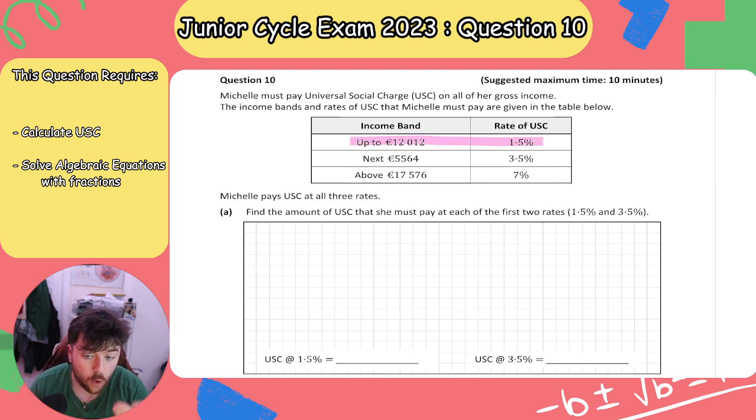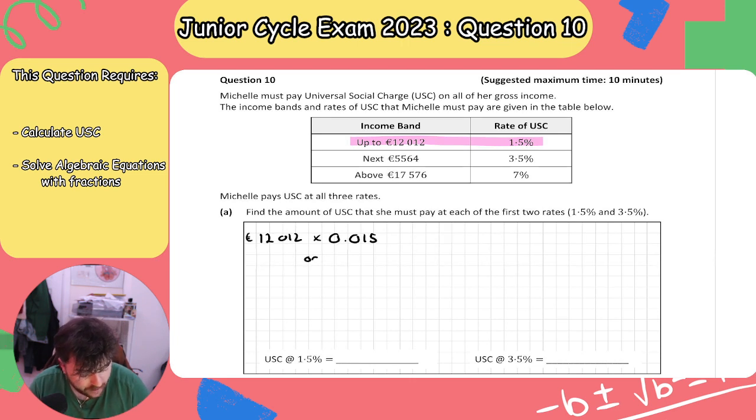So she's paying 1.5% of €12,012. We could do it two ways. We can multiply €12,012 by 1.5% written as a decimal, 0.015.